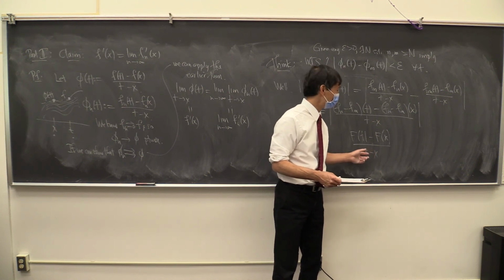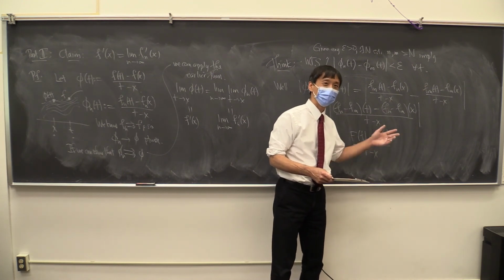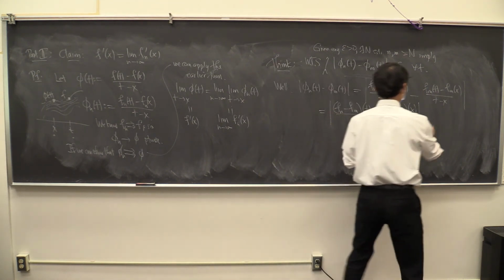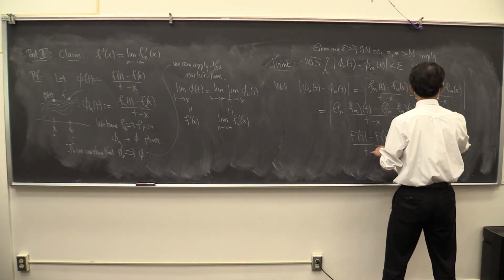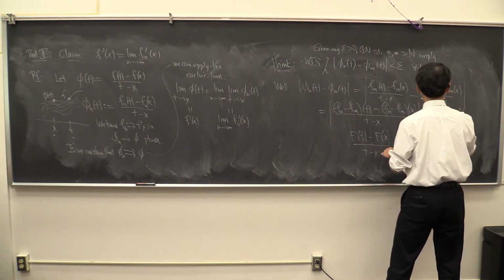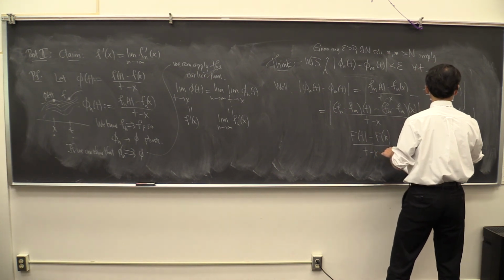You have a theorem that tells you that this is going to equal something. What is it? The mean value theorem. So we just use the mean value theorem. And this is going to be (f_n minus f_m) prime at some c, for some c between t and x.